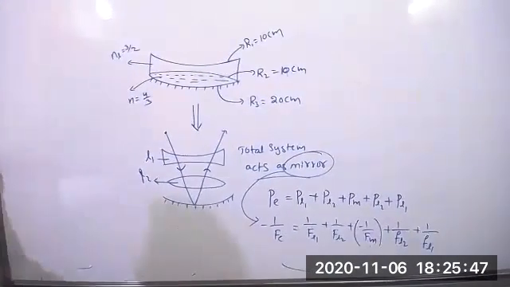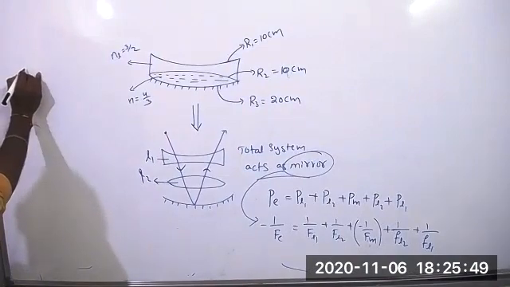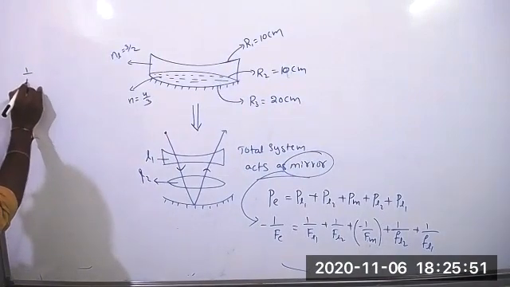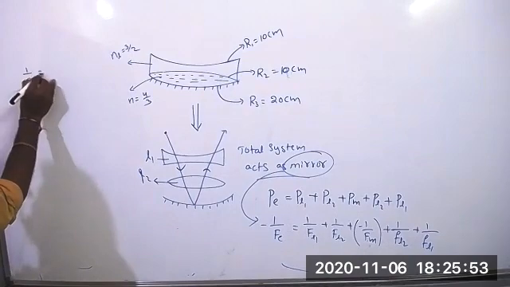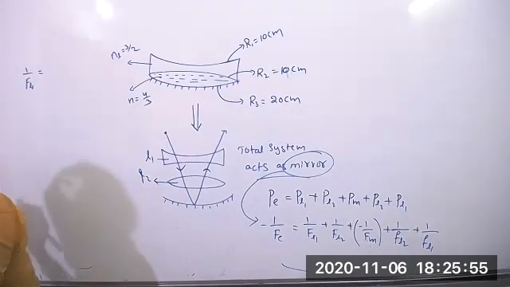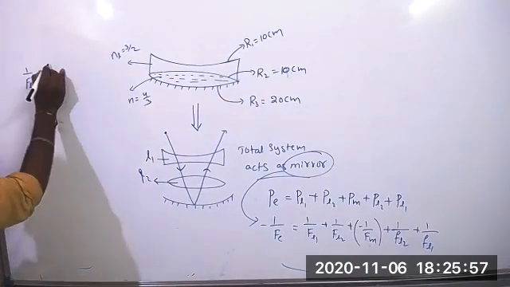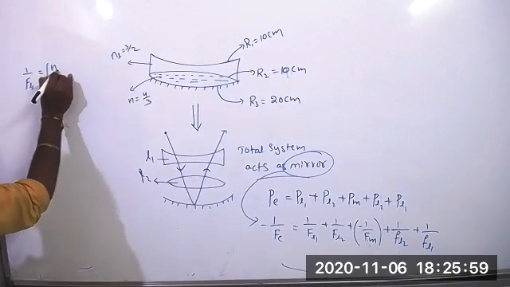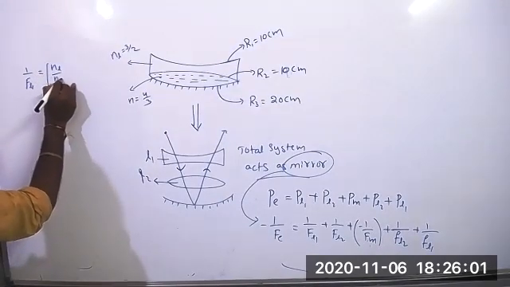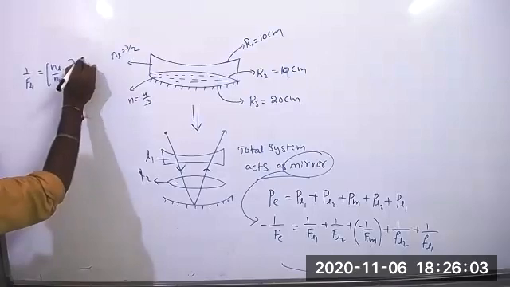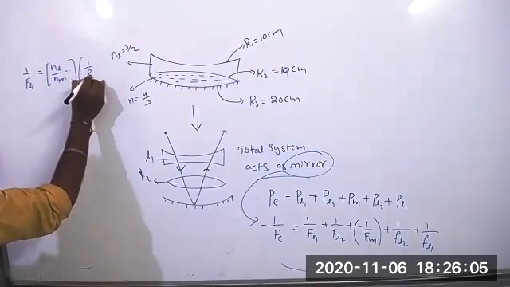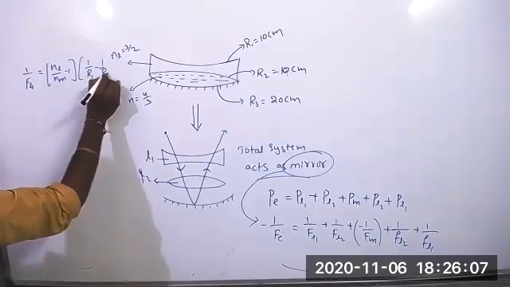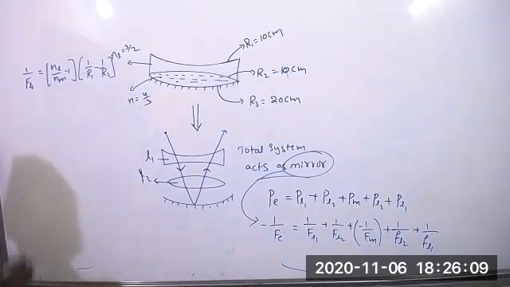Let's see. 1 by FL1. Which formula we have to use? Lens maker's: NL by NM minus 1 into 1 by R1 minus 1 by R2. We have to use this.